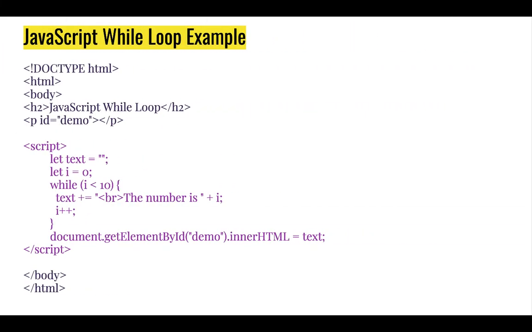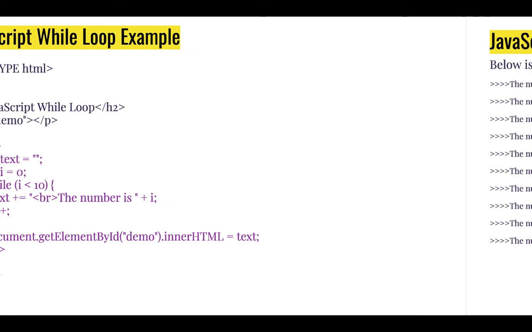We say let i equals 0, while i is less than 10. Obviously, i is less than 10 at first, so number is 0 and then it's going to add the increments. It's similar to the for loop, and the for loop is more used.